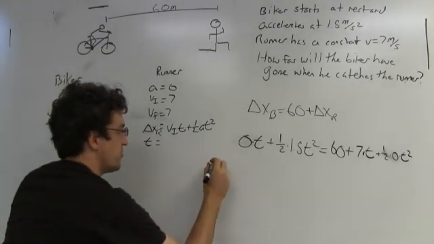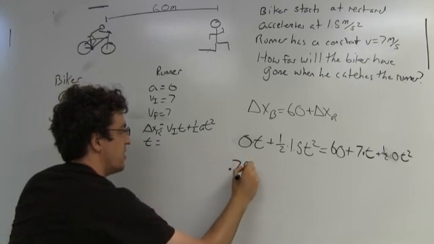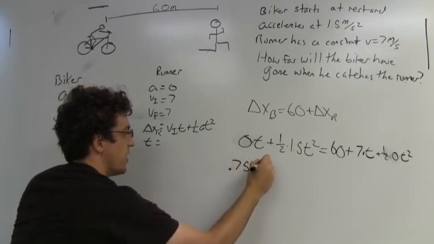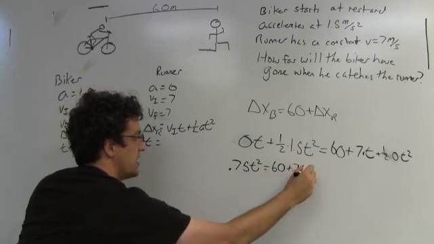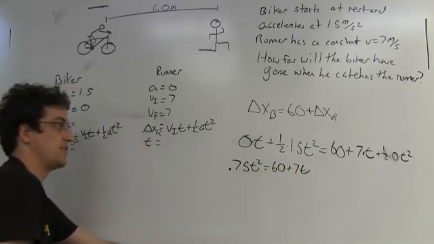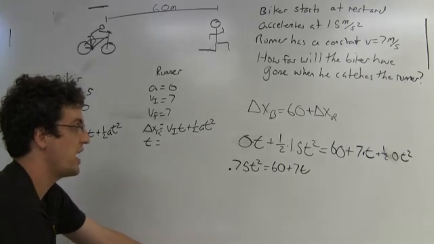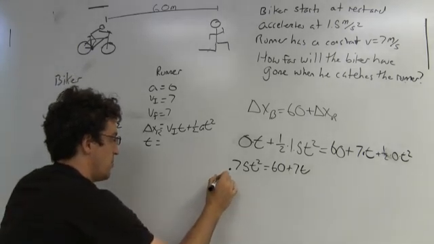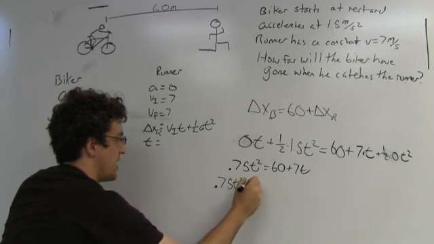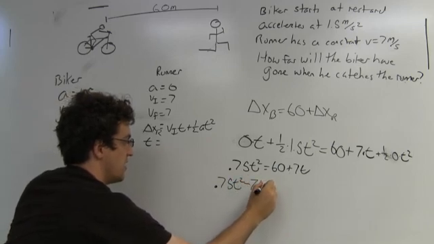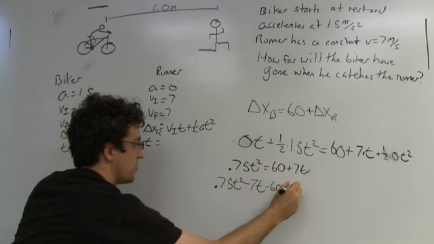And it should reduce to 0.75 t squared equals 60 plus 7t. Okay, we rearrange, we get 0.75 t squared minus 7t minus 60 equals 0.